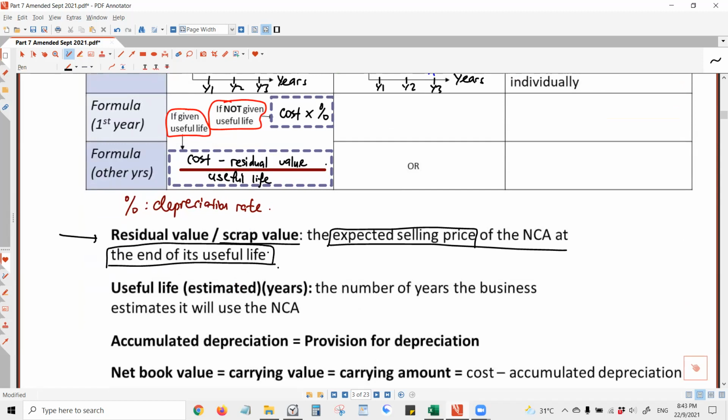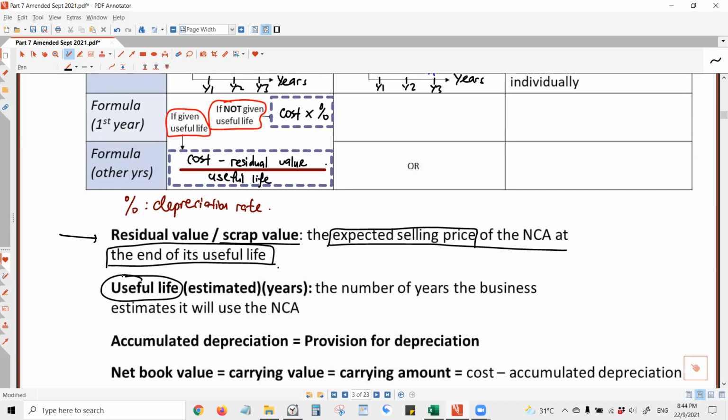Imagine that for a furniture that you bought, you expect that you would sell it for maybe $500 when it is near the end of the useful life. That means assume that the useful life is 5 years. Useful life means it is the estimated number of years you would use the NCA.